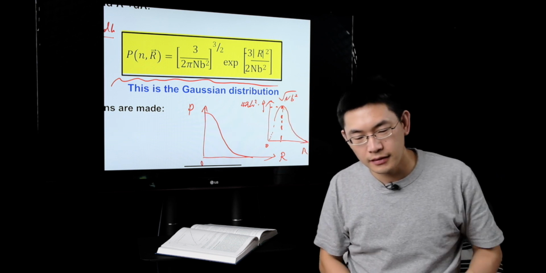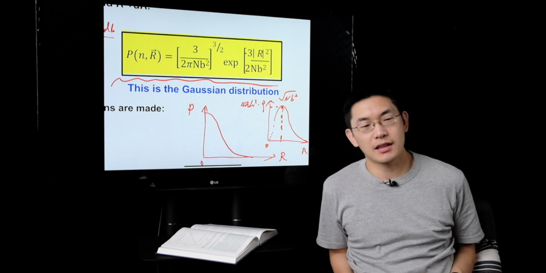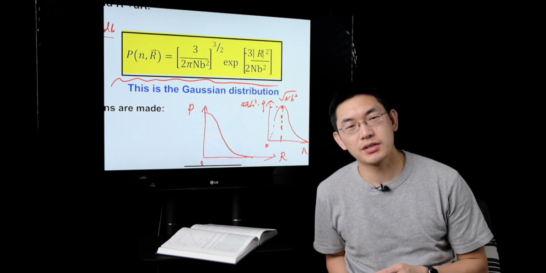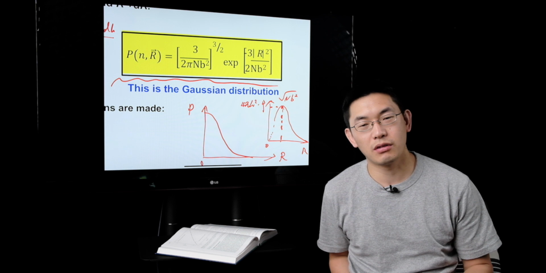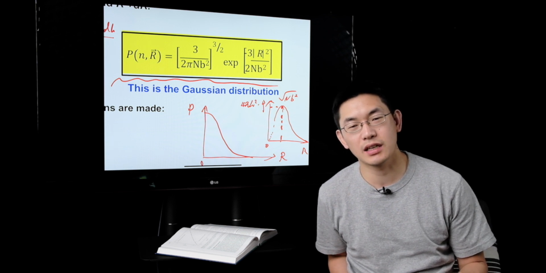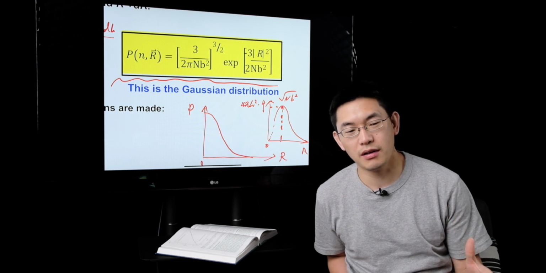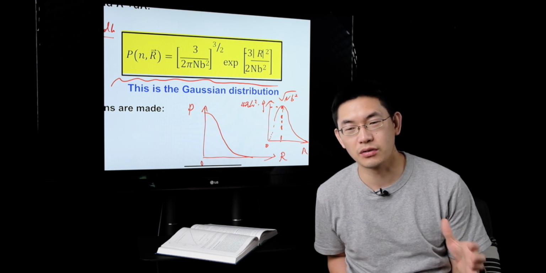Okay. So with that being said, what we discussed previously about average end-to-end distance is still quite important, because we take a statistical average for everything. It is not just one specific position or time.